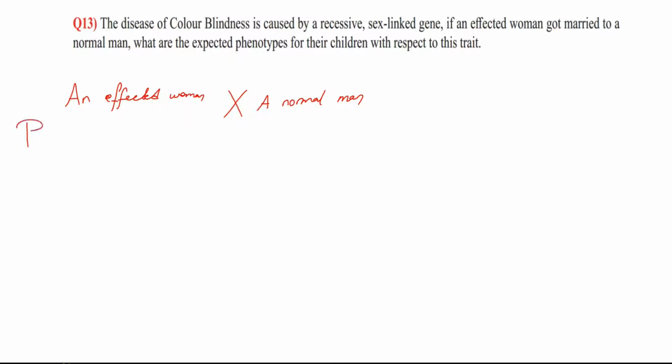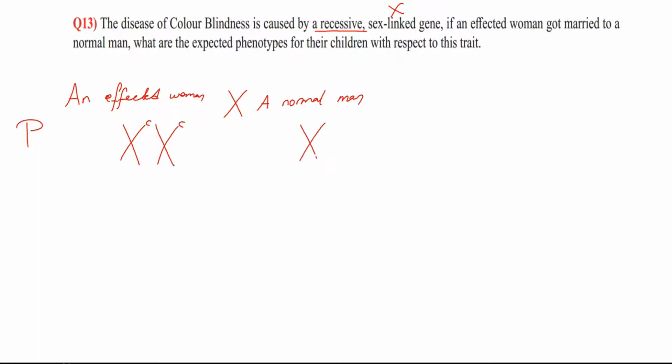The parents, as we said, we need to memorize their genotypes, because the disease is recessive and linked to the X chromosome, so the affected woman, for humans 2 X chromosomes, both of them must be recessive.